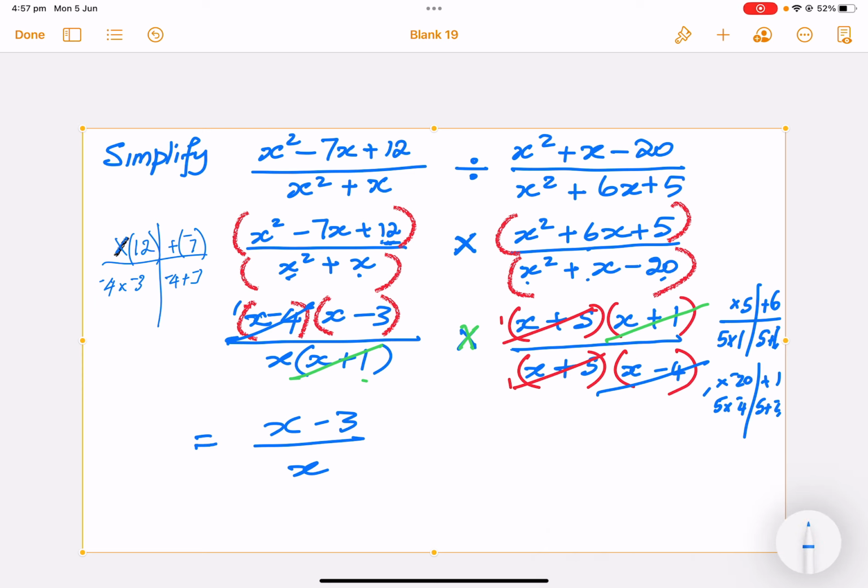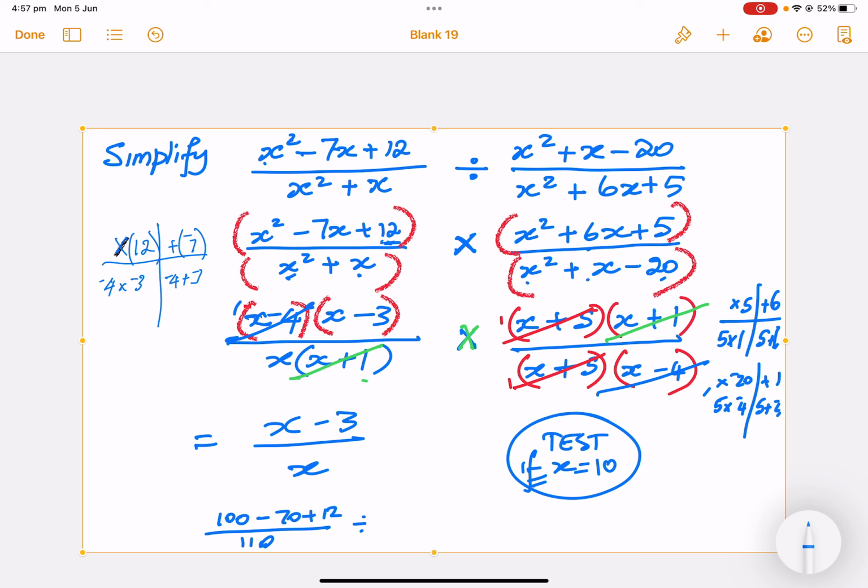Now, I just want to make a statement here. If x was 10, let's just do a test. We don't usually do this. If x was 10, put it in the original equation. 10 squared, 100, minus 70, plus 12 is 42. 10 squared plus 10 is 110. All right, divide. In the second fraction, 10 squared, 100, plus 10, minus 20 is 90.